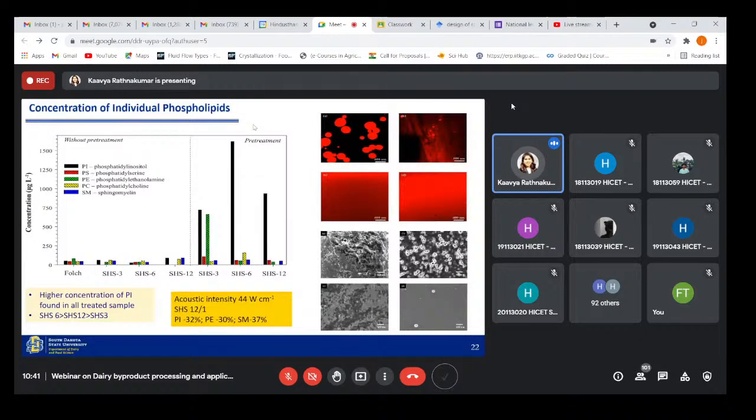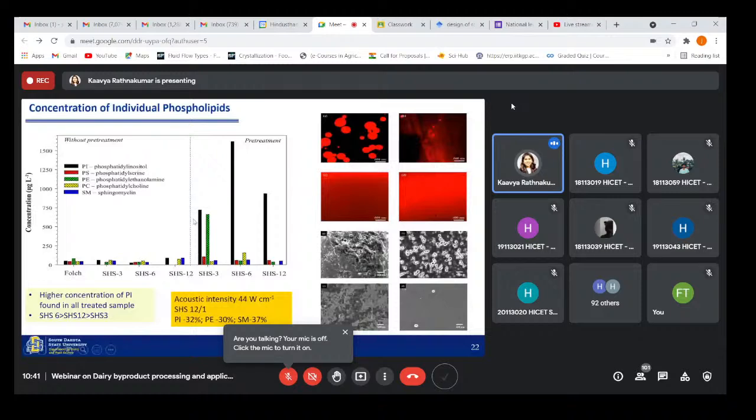Further, the confocal and scanning electron images also show how the ultrasound works. These are the phospholipids before any treatment, and we can really see how ultrasound has been disrupting these and also helped in enhancing the extraction efficiency and giving a different concentration of the phospholipids.